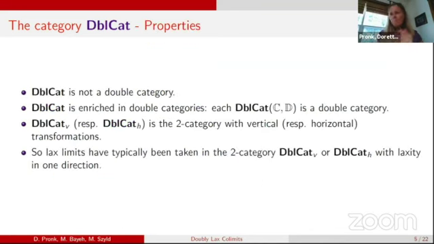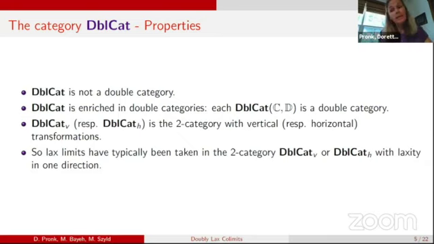So next slide. So we see that DblCat itself is not a double category because we have only one type of arrows, but we have two types of two-cells. So it's actually enriched in double categories. So every hom is a double category.